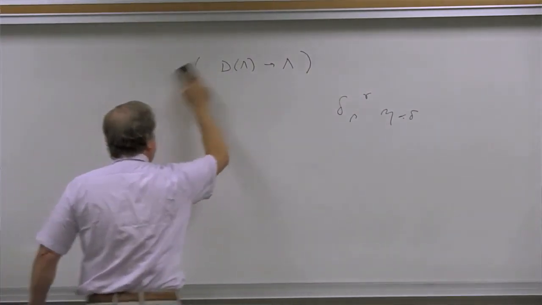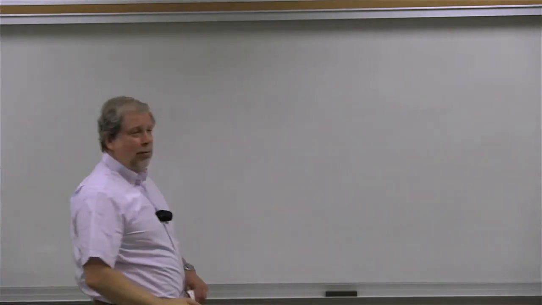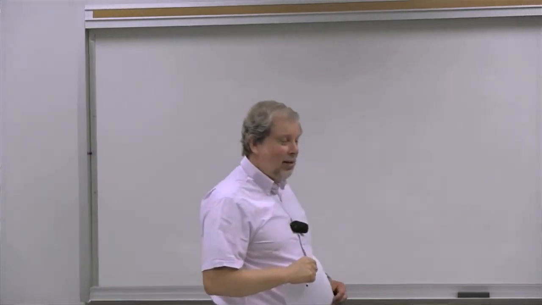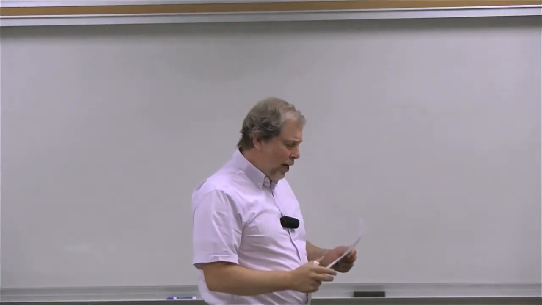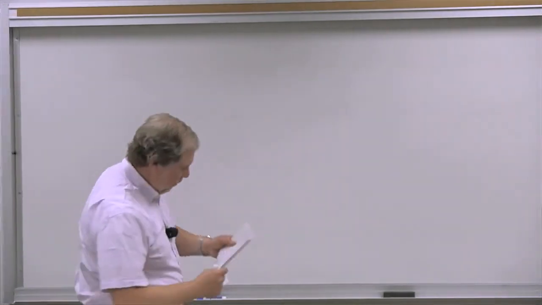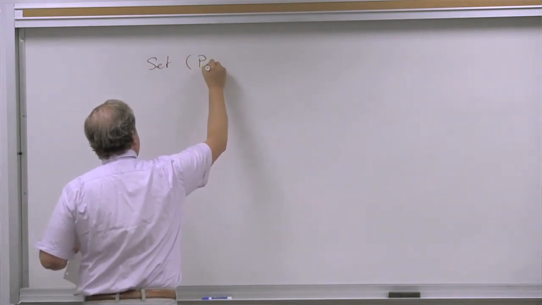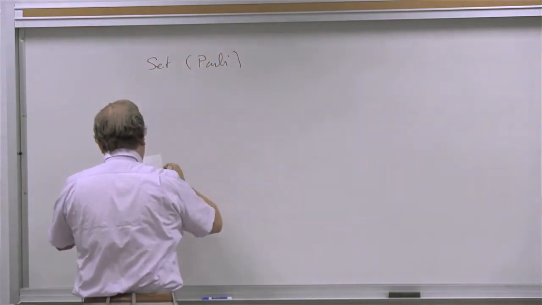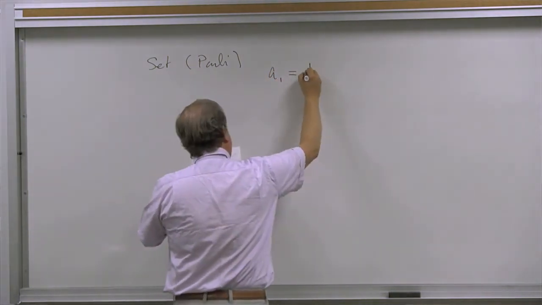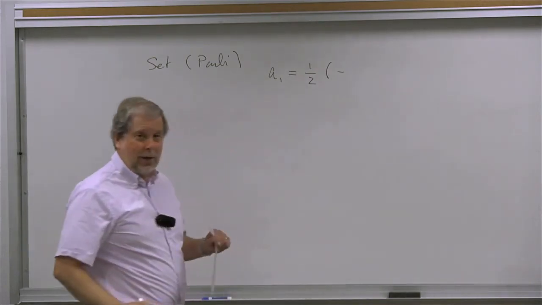All right. But if you're smart, and if your name is Pauli, and you stare at these things for a few hours and days, then you say, aha, well, look. Let me do this clever trick. Let me set A1 to be 1/2 minus i, and this is a lot of trial and error, as you can imagine.